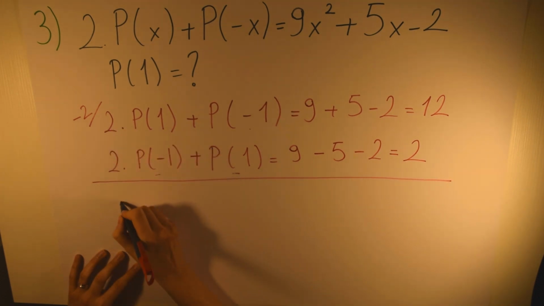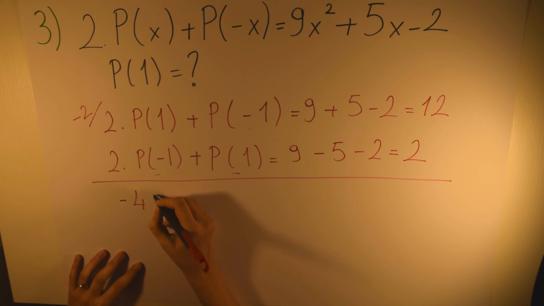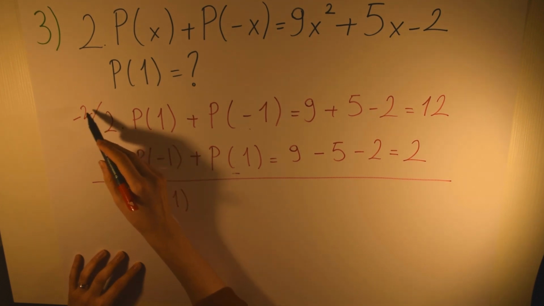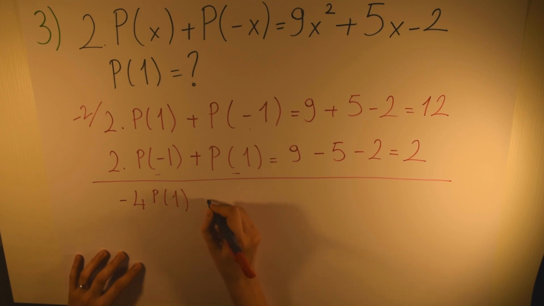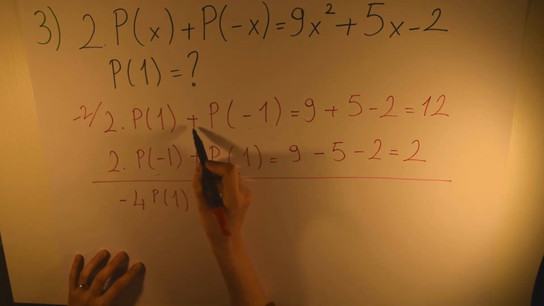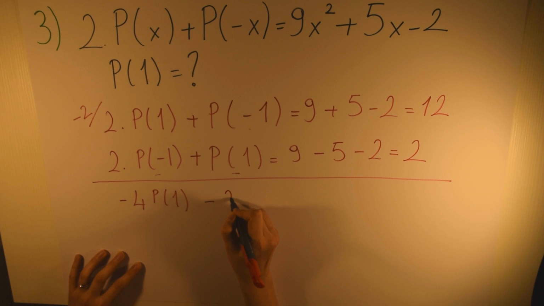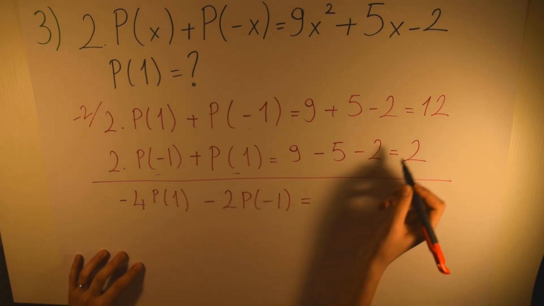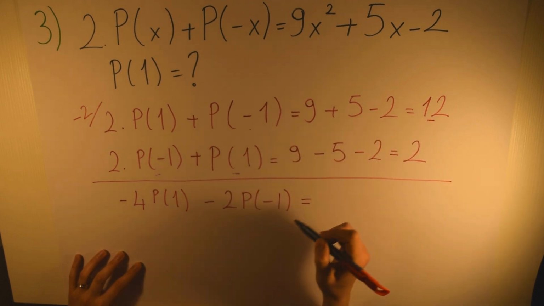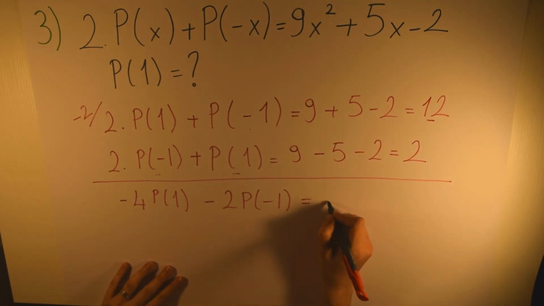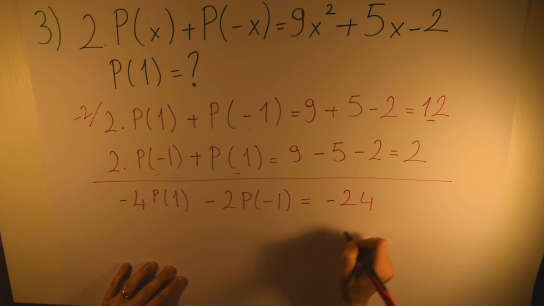Here I will get -4 P(1), okay, when I multiply these two, I will get -4. So minus times plus, it is minus 2P(-1) is equal to, I have here 12. When I multiply this by -2, I will get -24.